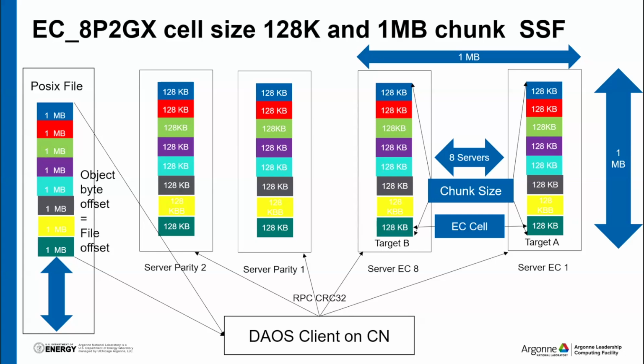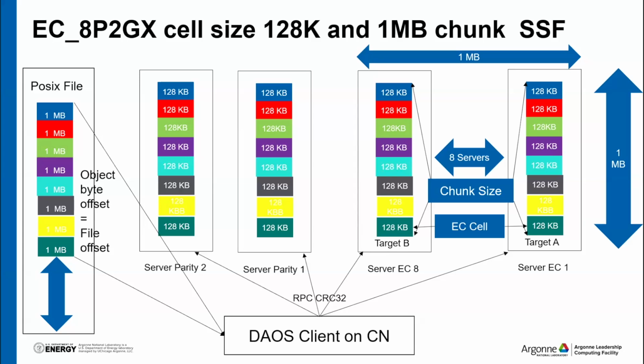The EC stripe width is basically the number of servers that we're going to use to store the data for one transaction, and each stripe has a parity value of 2. Just to walk through this, it's going to take a look at the first megabyte of offset, and use 10 EC cells of size 128 kilobytes to encode the data for that first megabyte.